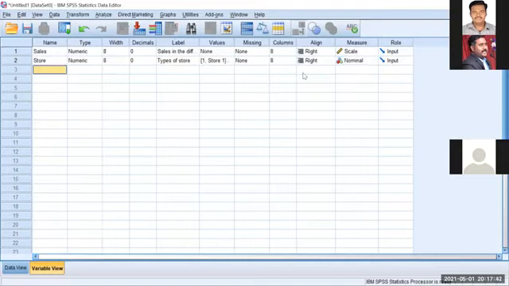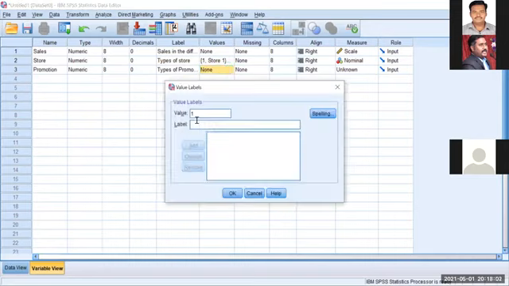And the next thing is promotion type, right? Here, promotion. Promotion also has 0 decimals. Types of promotion. Okay, now we can give a value here also. 1. What is the first promotion type?